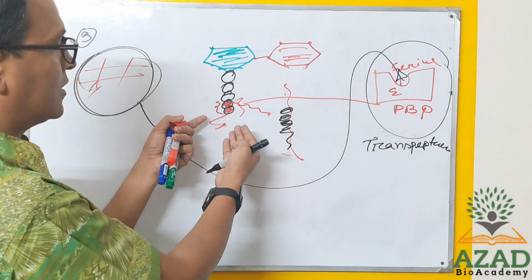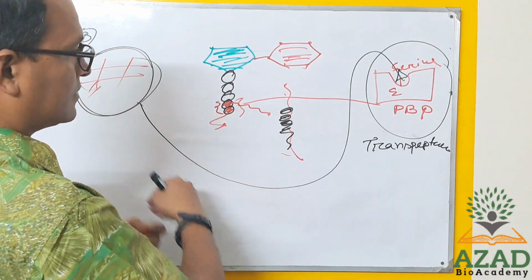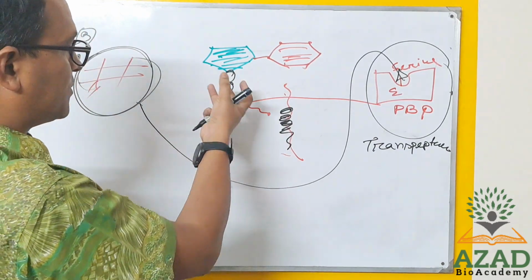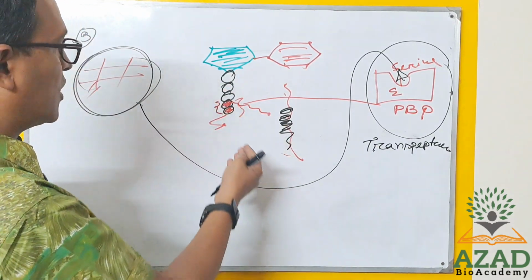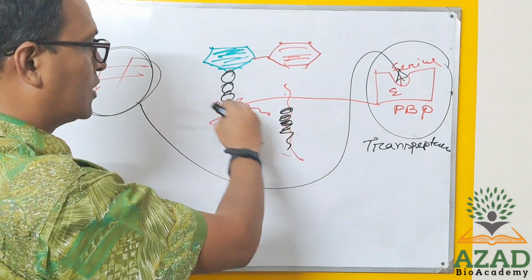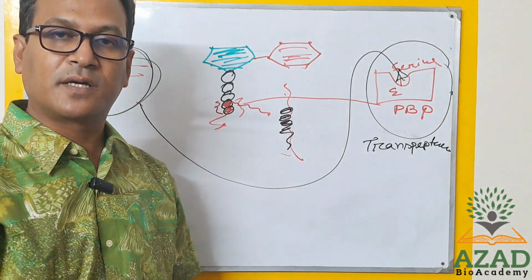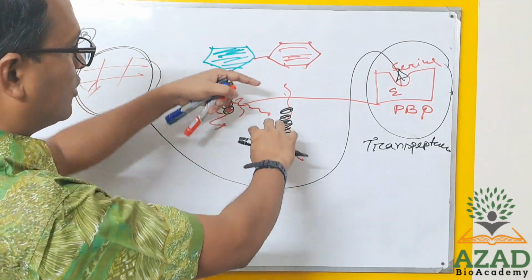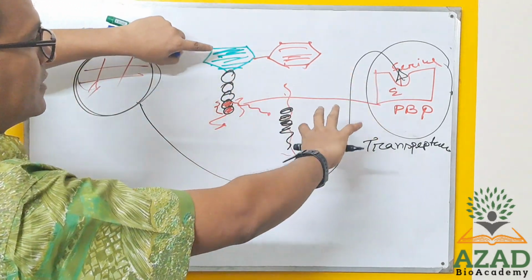Then is it possible to cleave the fifth D-alanine and produce energy? Is it possible to form a cross-link between two pentapeptides? Not possible. So without cross-linking, your cell wall and peptidoglycan will be more porous and looser.